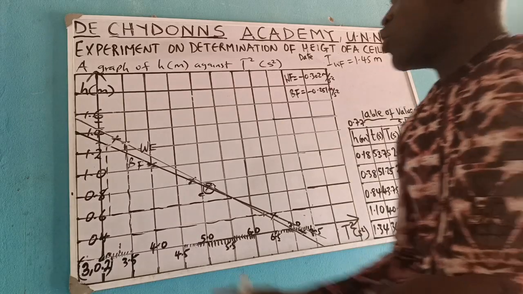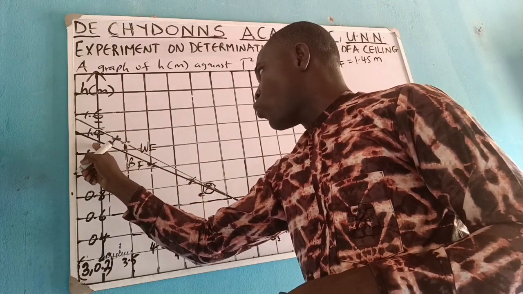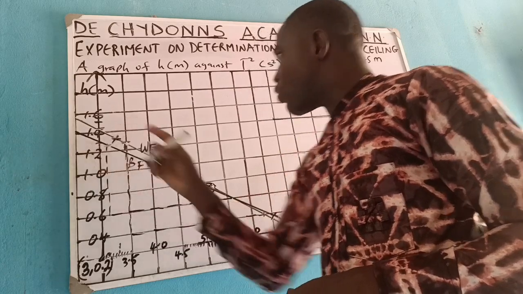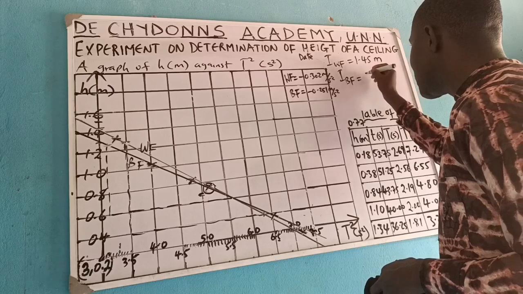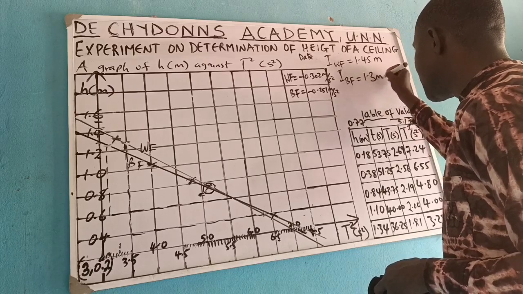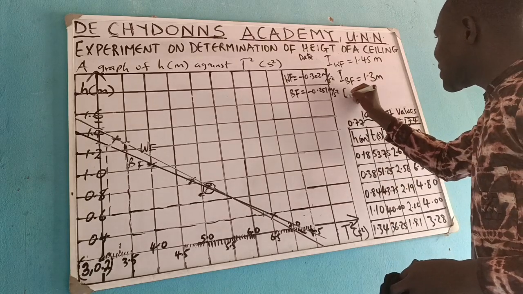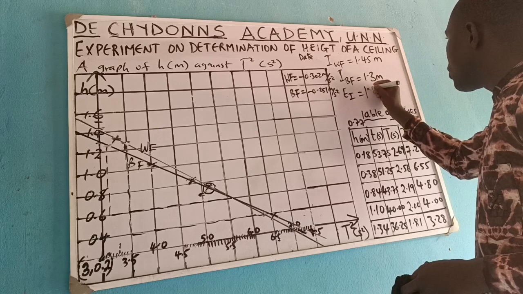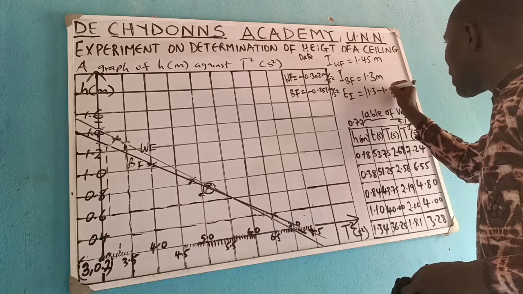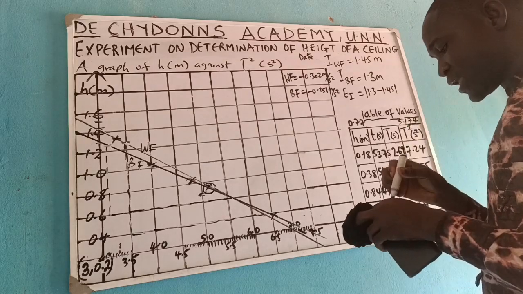What is the unit? Meter. Then what is the intercept of the best fit? It is about 1.3 meter. That means error in intercept will be equal to, find the modulus, 1.3 minus 1.45, or 1.45 minus 1.3, whichever one.